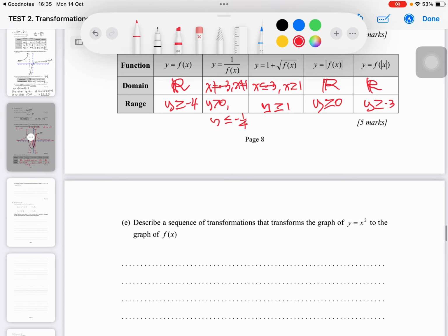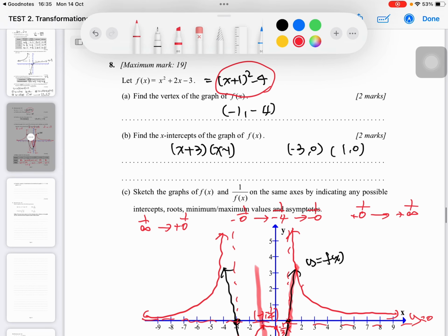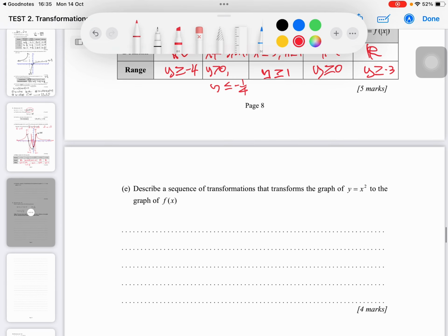So x squared to be f of x. So this one, when we see the transformation of this quadratic, x squared, we always check the vertex form because this is clear how it moves.